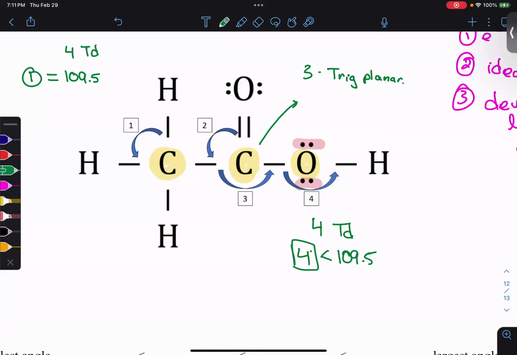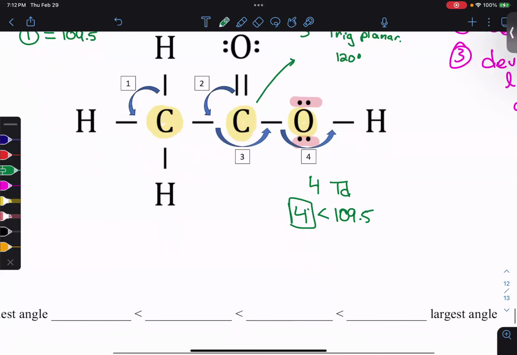So what's the ideal bond angle on a trigonal planar? 120. So now we need to decide, how do bond 2 and 3 adapt to any deviations from 120? What might be easier is if you draw this, because right now it looks T-shaped. This is not T-shaped, it's trigonal planar. So we have a carbon that's trigonal planar, but one of those bonds is a double bond.